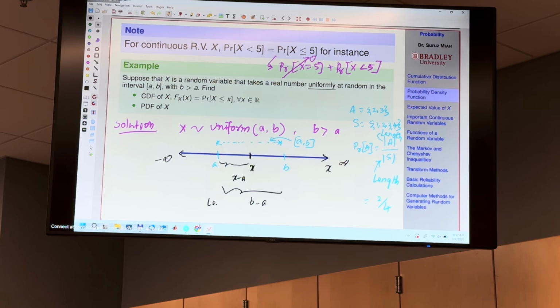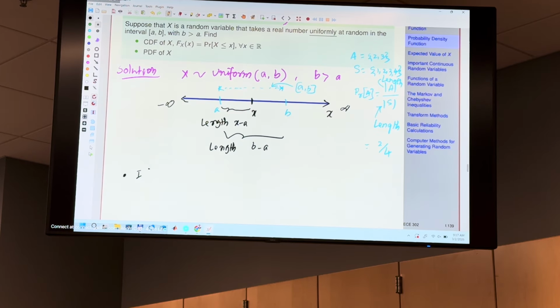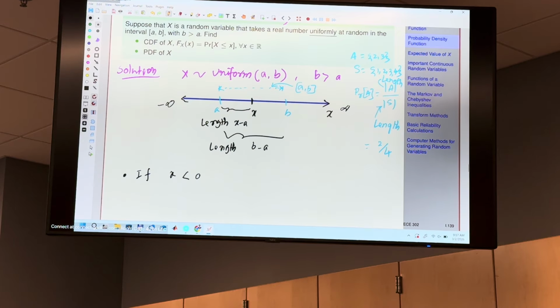So this is length, and this is length. Okay. Now I am going to write the condition, if, let's say, x less than a.